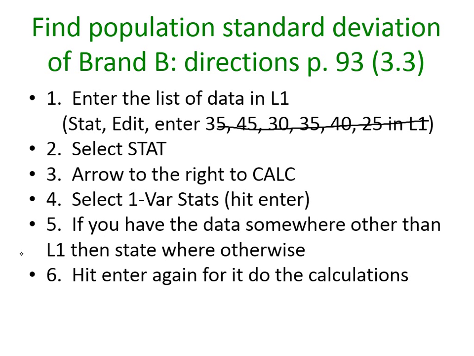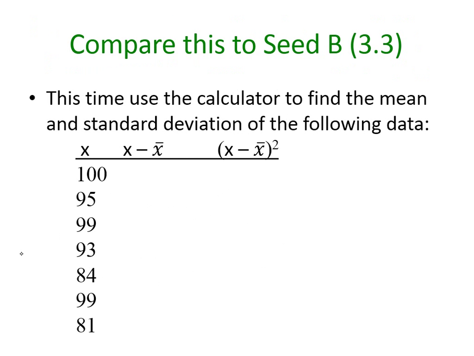So with both of these, if we're comparing these, well, let's discuss. So there was my data. I guess I could have had that be listed there to show you guys what the data was. So when we just found this one, we found the standard deviation to be 7.6.